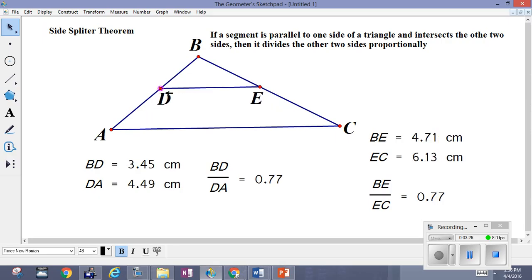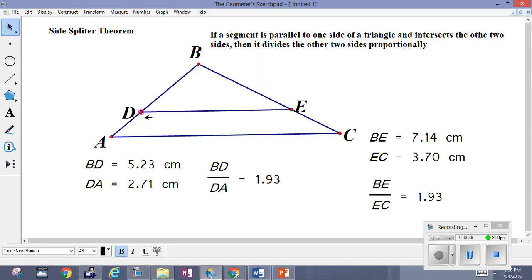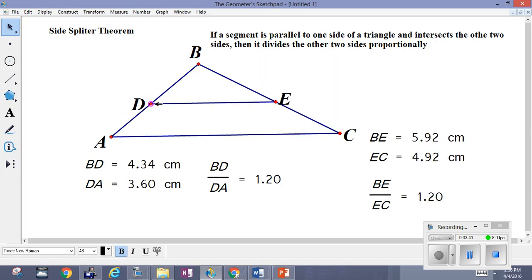Take a triangle and draw a segment parallel to AC. The top portion of one side of the triangle, BD to DA, is the same as BE to EC. That's the proportionality I'm getting in this case.